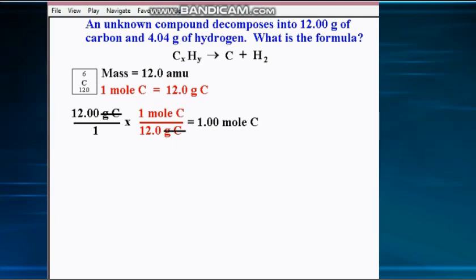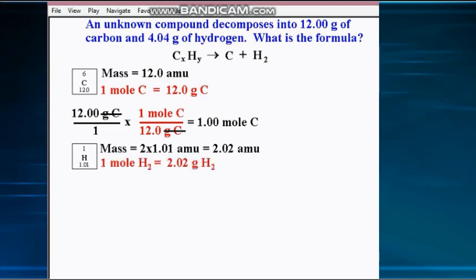All right, now we do the same thing for hydrogen. The chemist produced 4.04 grams of hydrogen. The entry on the periodic chart tells me that a hydrogen atom has a mass of 1.01. We're not dealing with hydrogen atoms in the equation, though. We're dealing with hydrogen molecules because hydrogen's a homonuclear diatomic. So the mass of H2 is 2 times 1.01, or 2.02 AMUs.